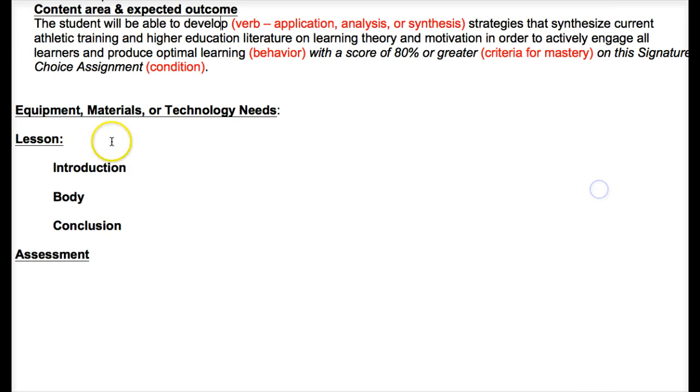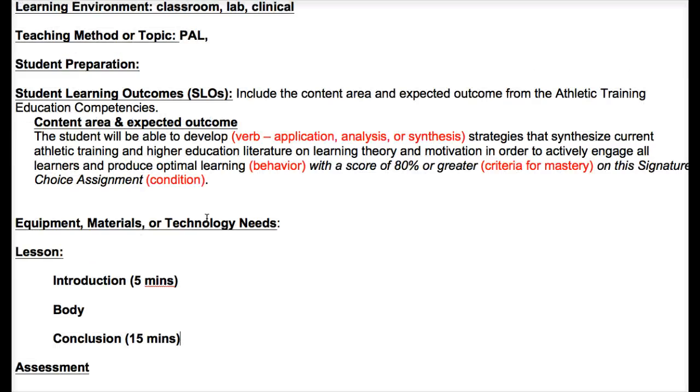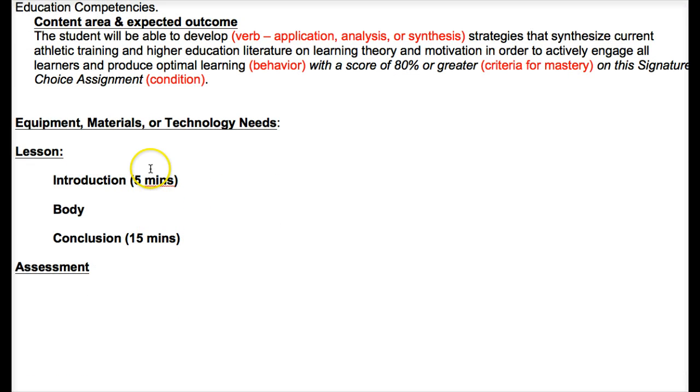For our template, I do want you to put how much time you think it's going to take. So you're going to say you think it's going to take you 5 minutes to do your introduction. I do want you to include how much time each one of these is. Say your conclusion is going to be 15 minutes, and so let's say you have a 60-minute class. So that's 20 minutes.